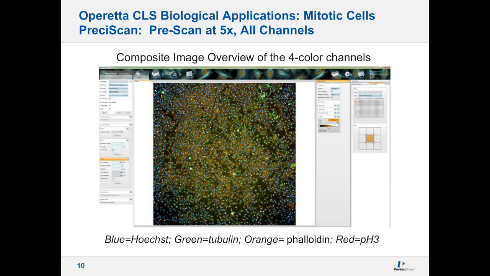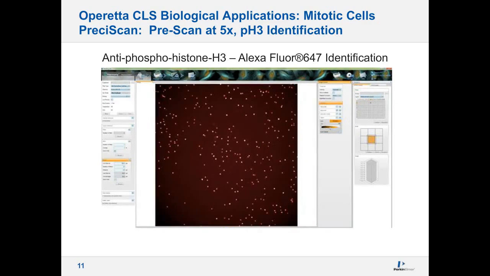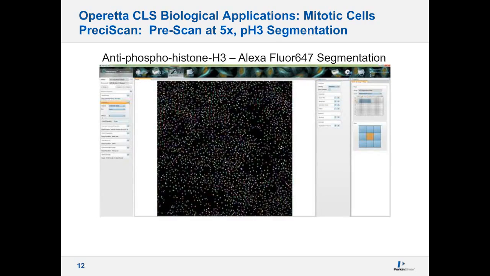And we have the whole arsenal of the Harmony image analysis tools to make evaluations based on the intensity of the probes we're interested in, the size, the shape, the texture, and even dynamics of these individual objects. So now we can go in and identify these individual objects, shown here using segmentation routines.